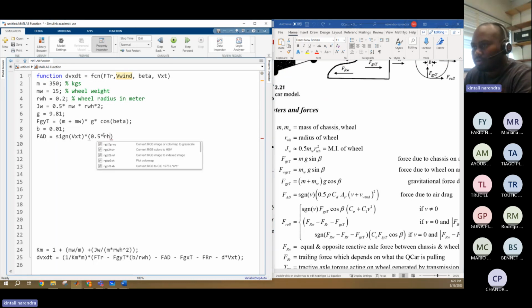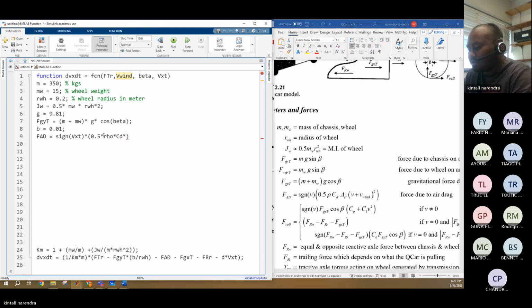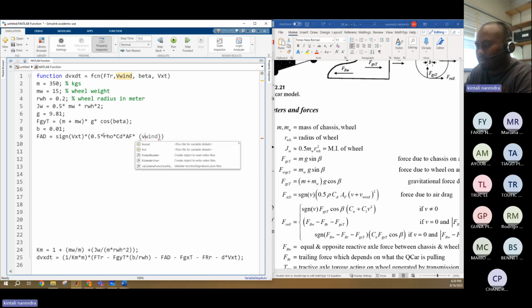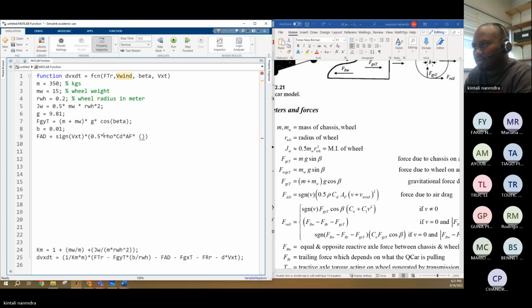Rho into CD into AF into V plus V wind, so VXT plus V wind, to the power 2.